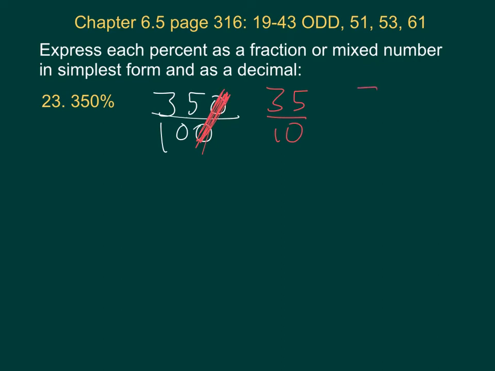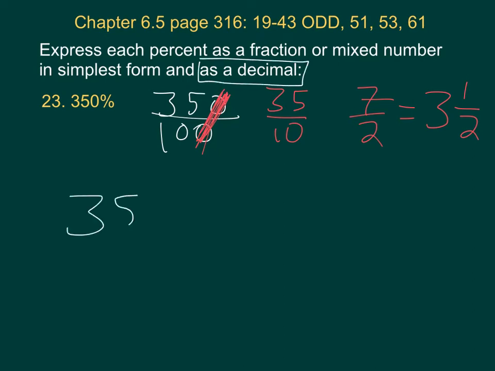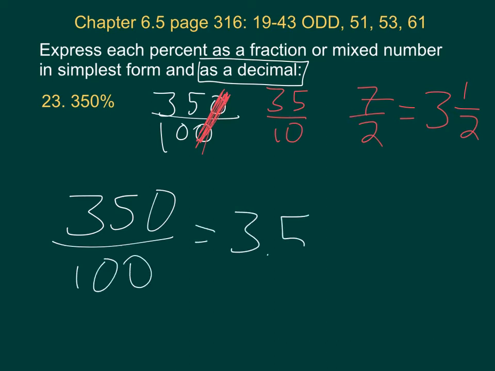And I get 7 over 2. If I want to write it as a mixed fraction, it's the same thing as 3.5. In order to get the decimal, I just take 350 and divide it by 100, and that equals 3.5.